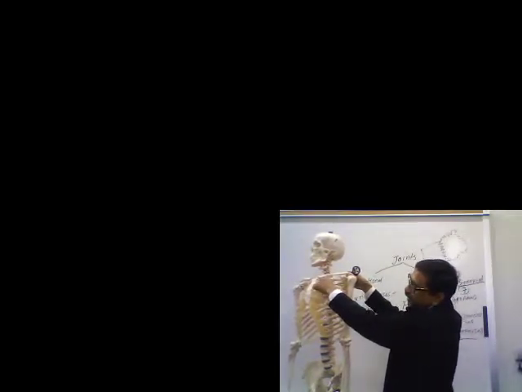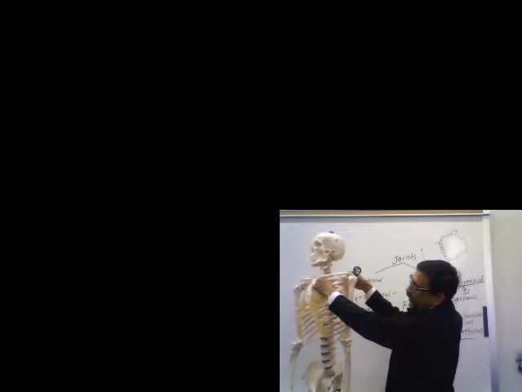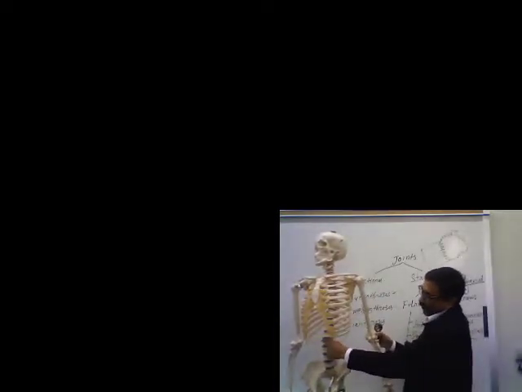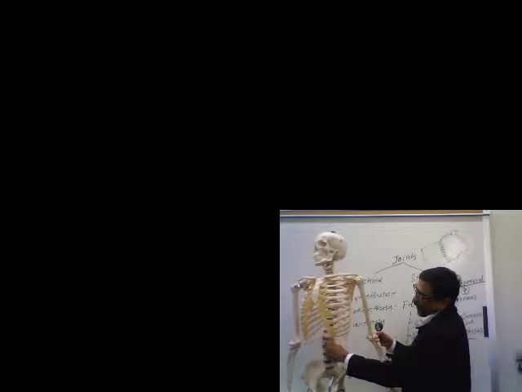This one doesn't have any cavity. So the cartilage is hyaline cartilage. That's why this is synchondrosis. Symphysis. You see, these cartilages are fibrocartilage. So these are intervertebral discs holding the vertebrae together, and these are symphysis type joints.